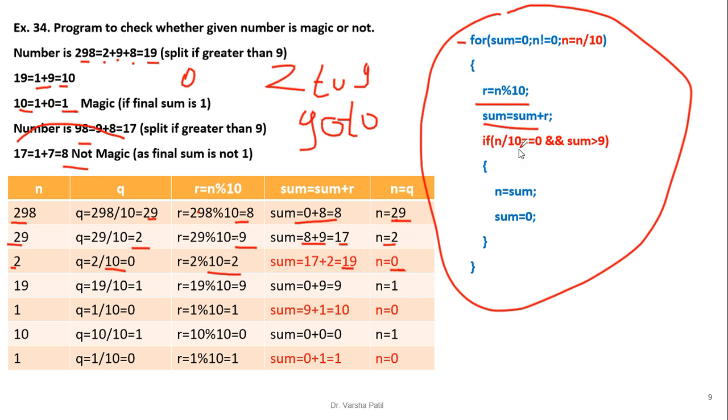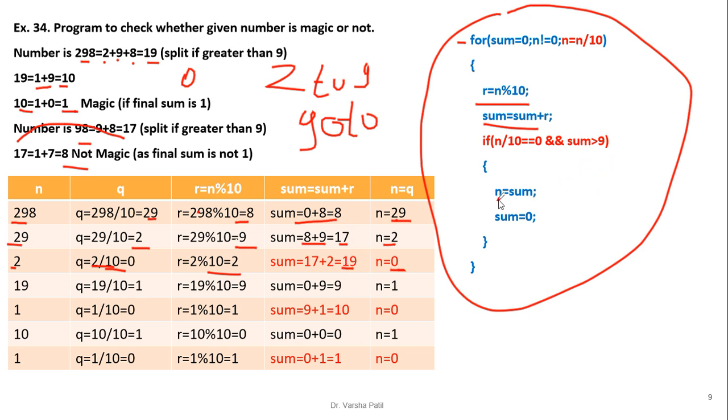So in advance, our number at that time is 2. See, number is 2, 2 by 10, 0, remainder. The sum is equal to 19. So we check whether 2 by 10 is equal to 0 or not. Yes, 2 by 10 is 0. So at that time, is the sum greater than 9? Yes. So we can split.